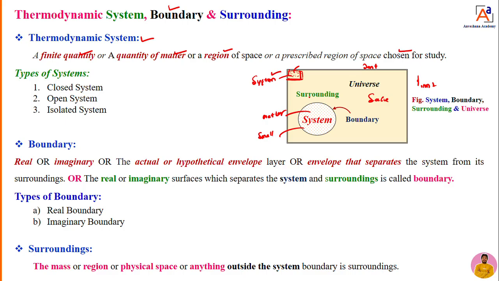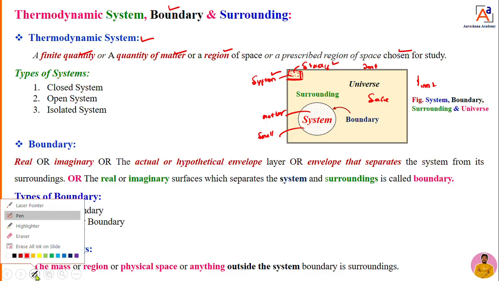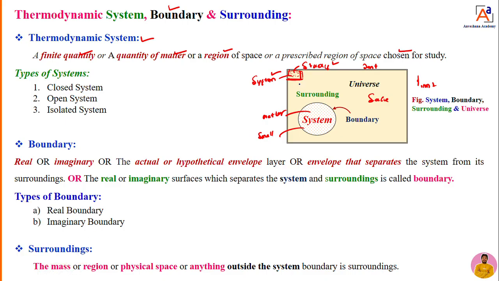Hope you understood what a system is. A system is a region or a certain quantity of matter which is considered for the study, and it is surrounded by a layer. That layer we can call a boundary. If there is no boundary, it is very difficult for me to study.